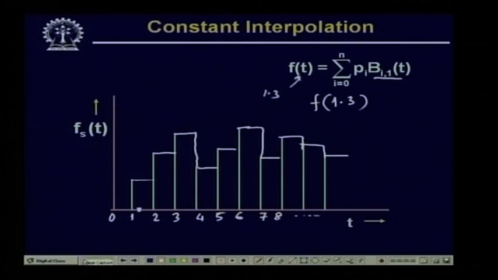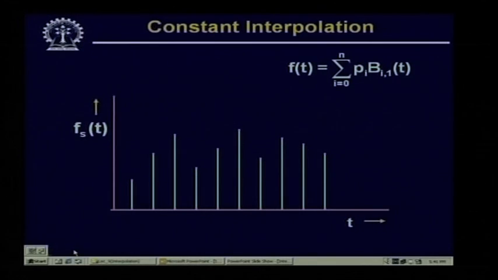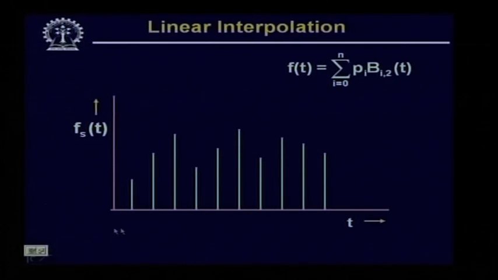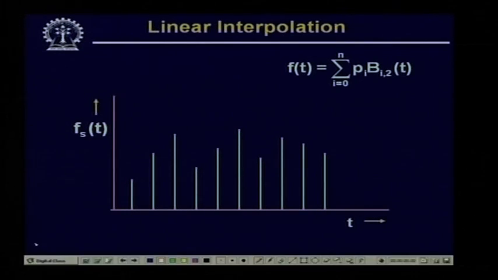Similarly, if I go for interpolation using, say, linear interpolation, where the value of k is equal to 2, in that case again you find that if I put t equal to 0 here, t equal to 1, t equal to 2, t equal to 3, 4, 5, 6, 7, 8 like this.